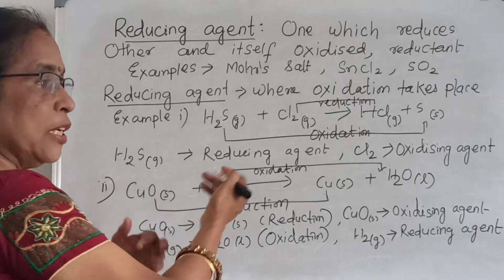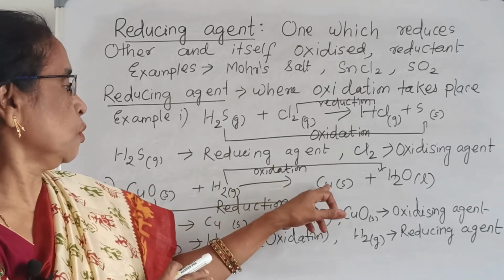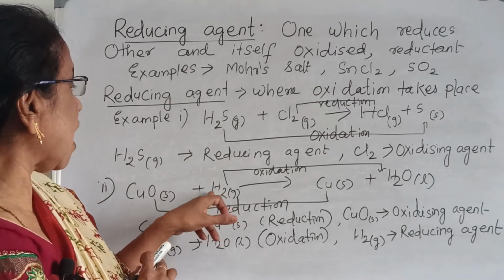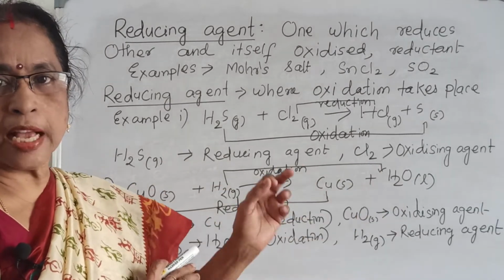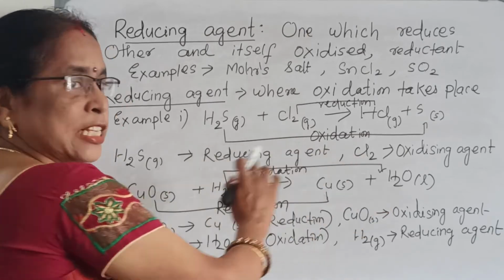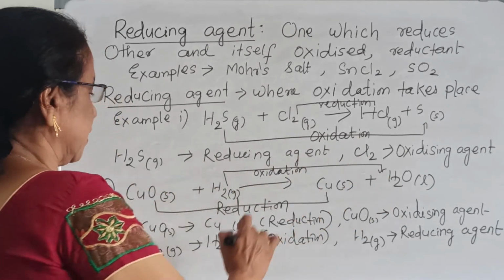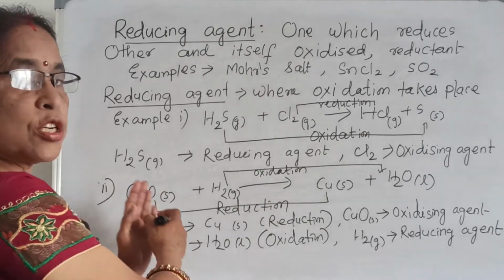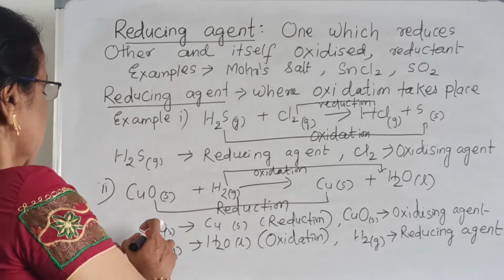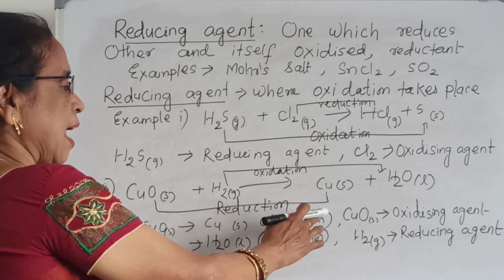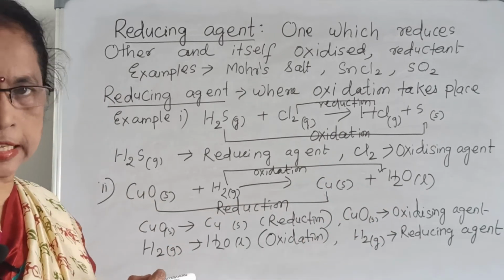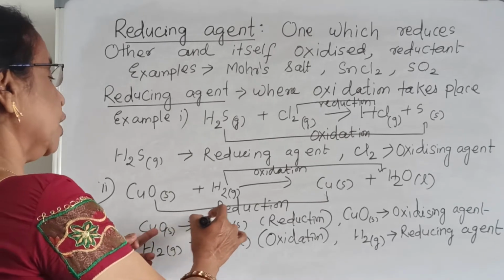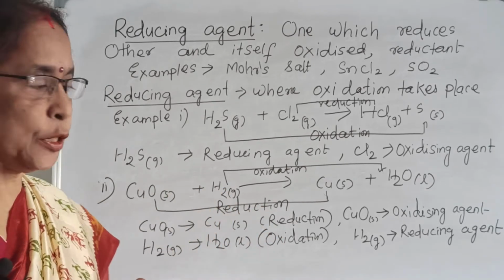So CuO itself is reduced to copper and it oxidizes hydrogen to water, H2O. Addition of oxygen takes place, so oxidation takes place, and here reduction takes place because oxygen is removed. So CuO acts as an oxidizing agent because oxygen is removed and the product is Cu.